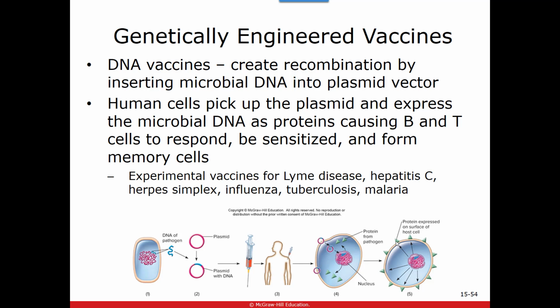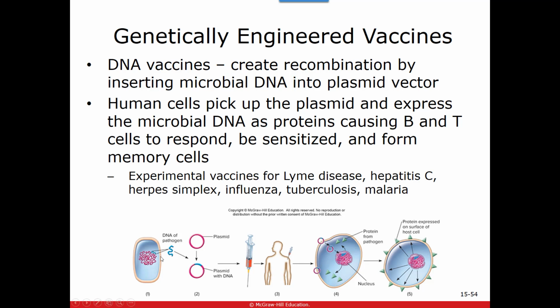Tuberculosis and malaria. Again, if we can find that little snippet of DNA of one of these organisms that we know is unique, and our cells can make that unique structure, then if we're ever exposed to that unique structure in the future, we'll be able to fight it off. Awesome stuff coming up.